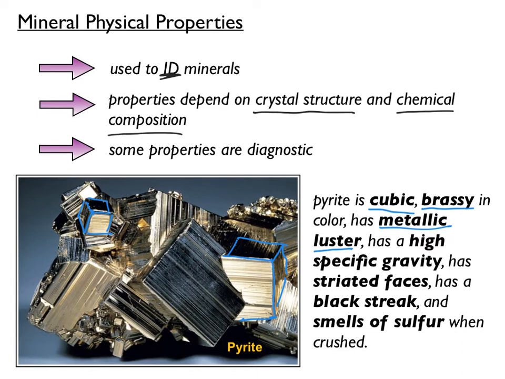It has striated faces, referring to these lines here, which are called striae. It has a black streak. We'll discuss what a streak is in a moment. And it smells of sulfur. So that's a unique property, very diagnostic of pyrite, because of course pyrite has sulfur in its mineral formula.